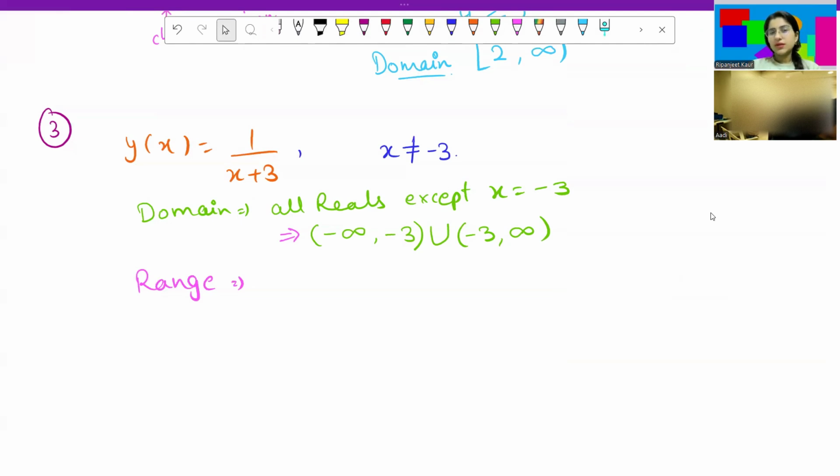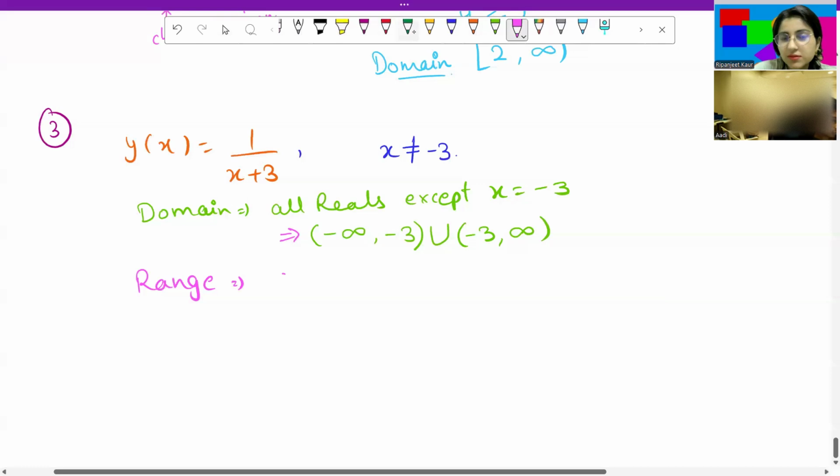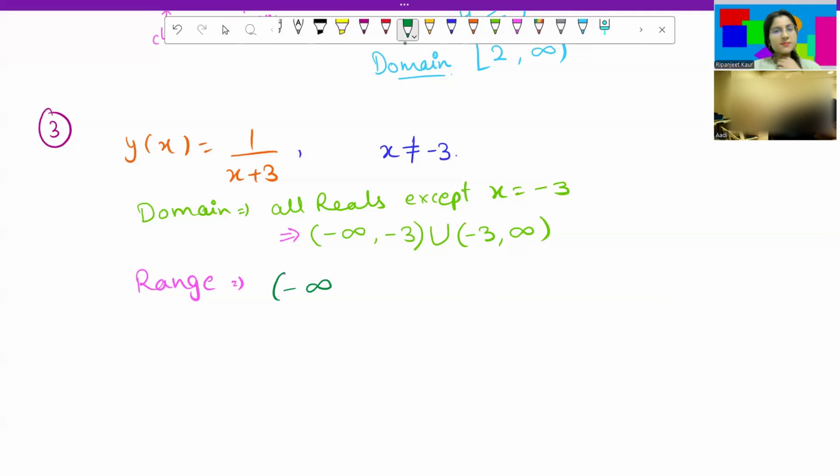What do you think? Like all the negatives. Okay, so starting with negative infinity, can we say? Let's first have it in a theoretical format: all negative values. What else?